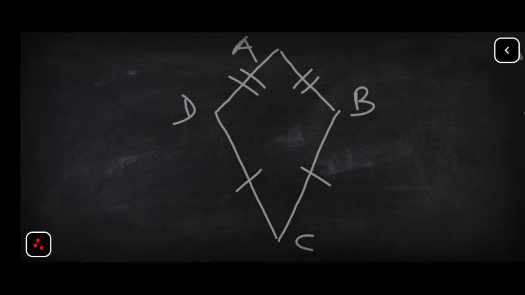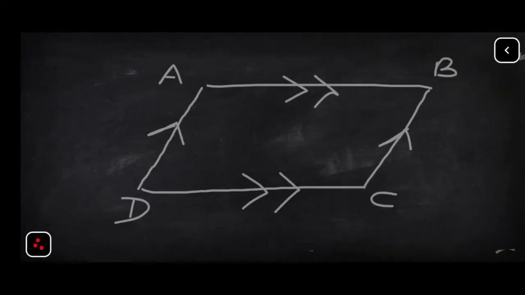Now the next one, parallelogram. A quadrilateral whose opposite sides are parallel to each other. See the figure. AD and BC are opposite sides and they are parallel. Similarly, DC and AB both are opposite and parallel.